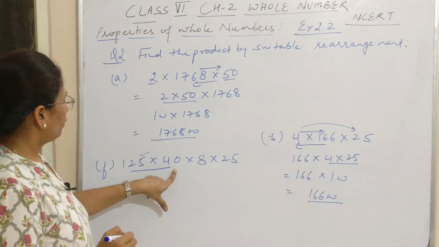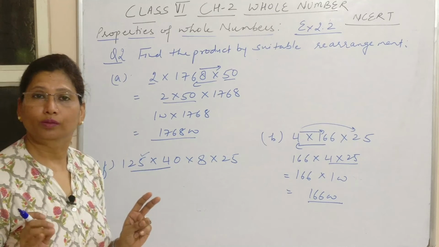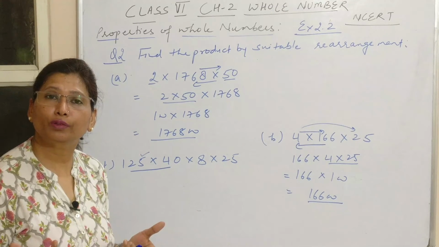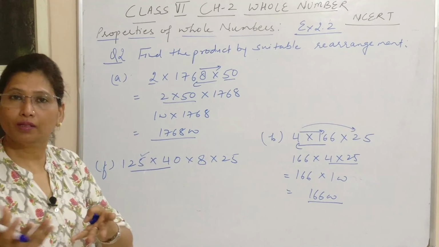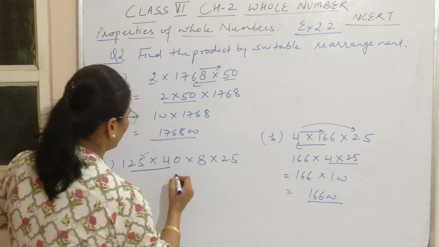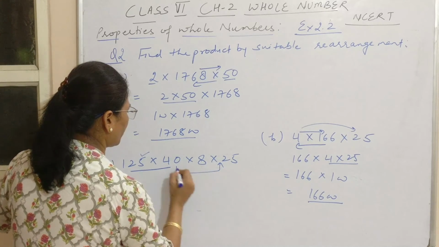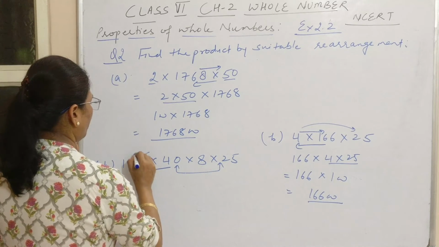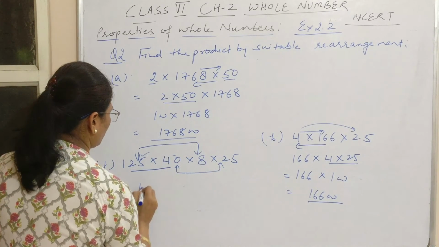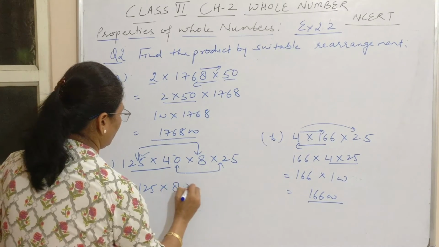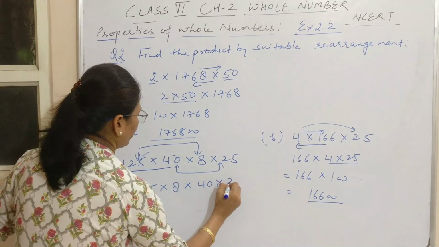Now here, you can multiply it as it is also, and maybe the question is given to confuse us, or you can interchange this also. In any way, this comes out simple. You can do both ways. I am just trying out this way, swapping these two terms. So 125 into 8 into 40 into 25.